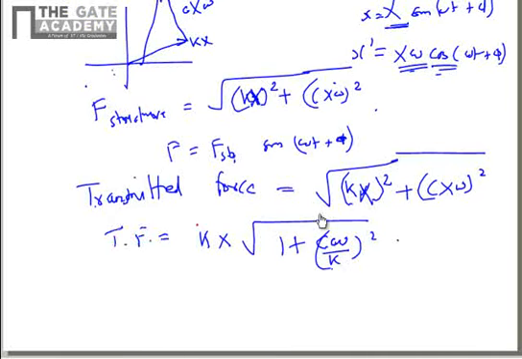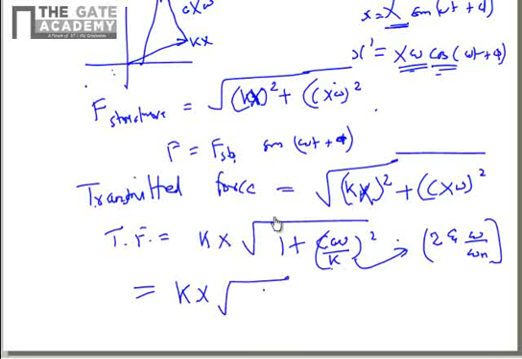So this is the transmitted force. And c omega by k, we saw in our earlier derivation, is equal to 2 zeta omega by omega n. So the transmitted force is equal to kX times the square root of 1 plus (2 zeta omega by omega n) whole square, again expressed in terms of non-dimensional quantities.